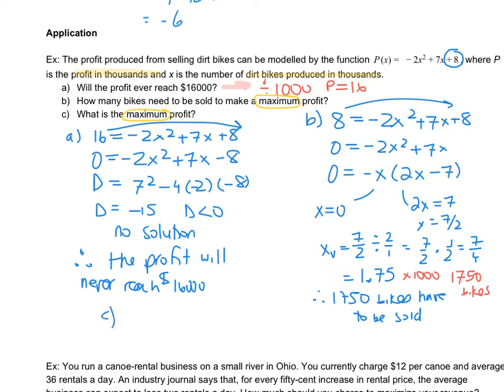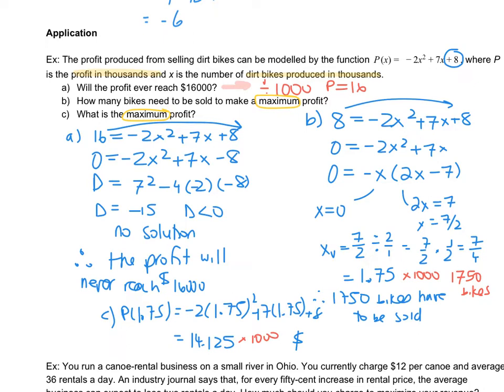Okay, so for C, we're doing P at 1.75. So -2 times 1.75 squared plus 7 times 1.75 plus 8. And we can just plug that into our calculator all at once. We get 14.125. Keep all the decimals because once again with profit, it's in thousands.